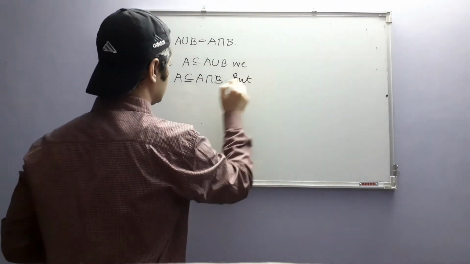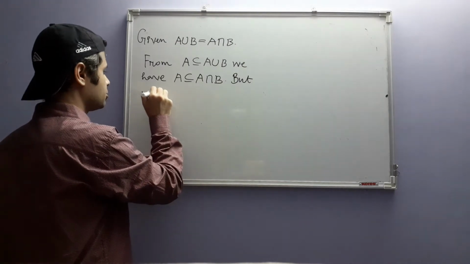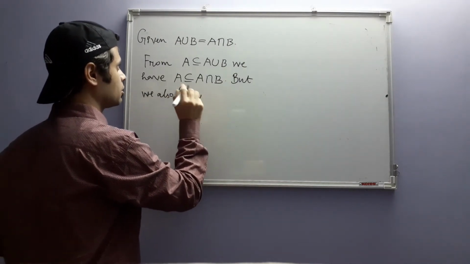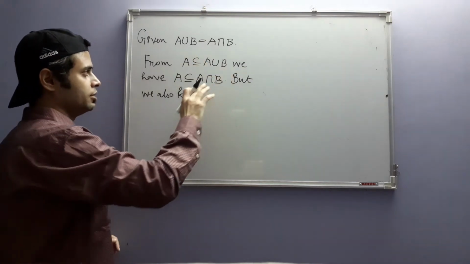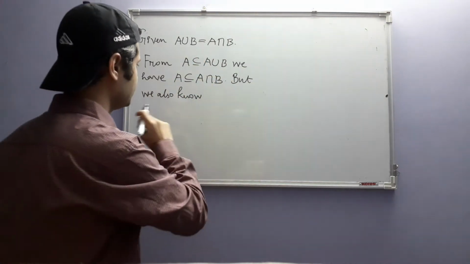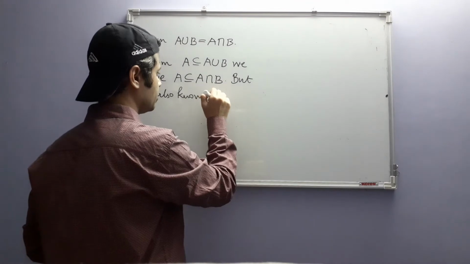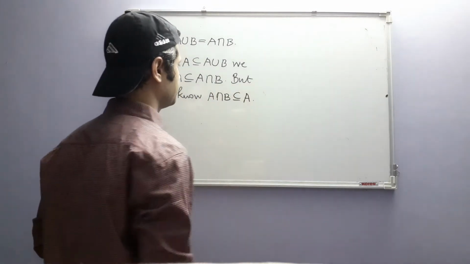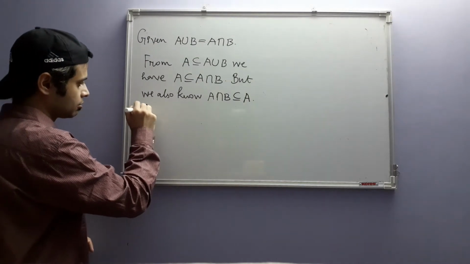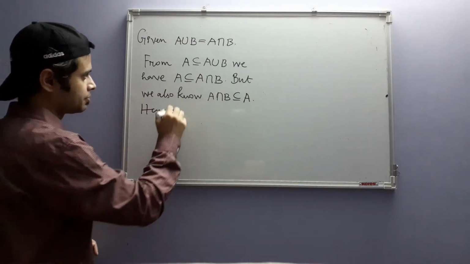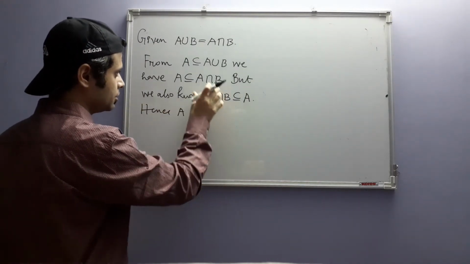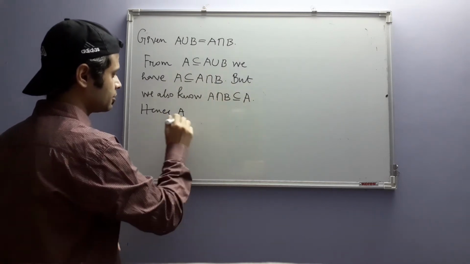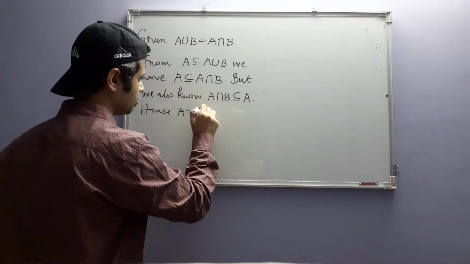But we also know, now corresponding to this property, for intersections we have this: A intersection B is a subset of A. Hence, this is a subset of this is a subset of this, so they are equal.